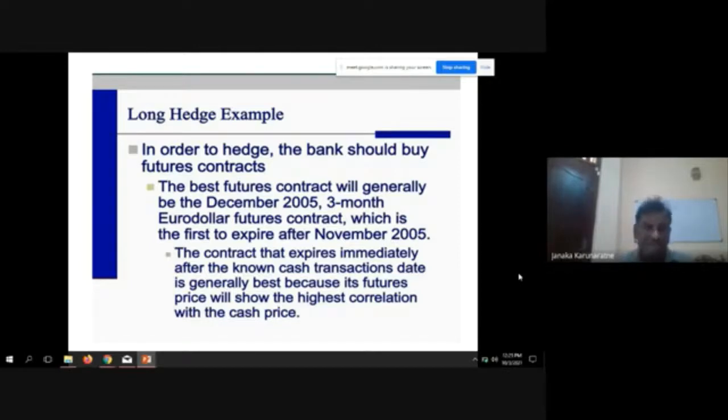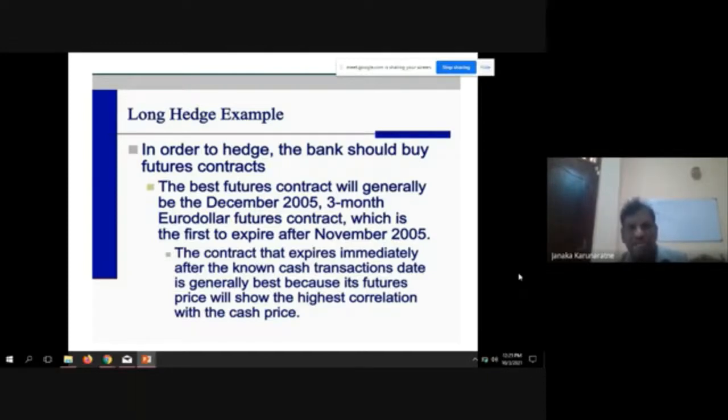Now this is based on what is available in the market at that time. 3-month euro dollar deposit futures contract, but that depends on the current environment. So at the time of your risk management, you have to find out the best instrument. Let's say for this example, that is the instrument you can find in the market at that time.